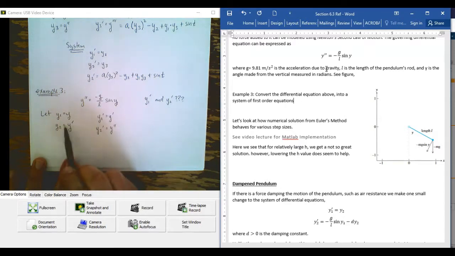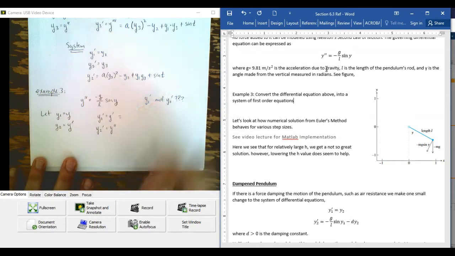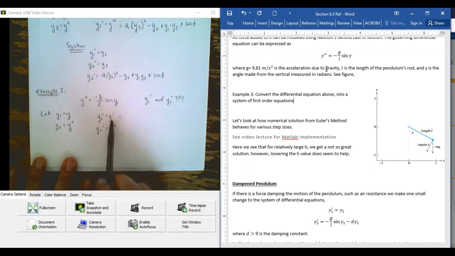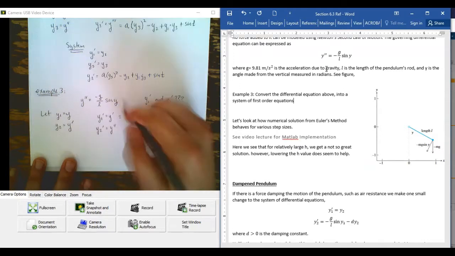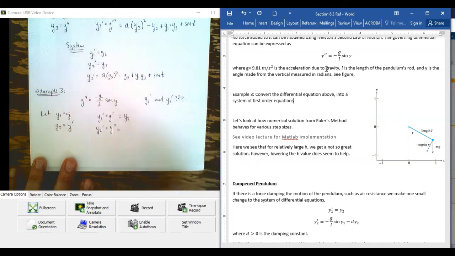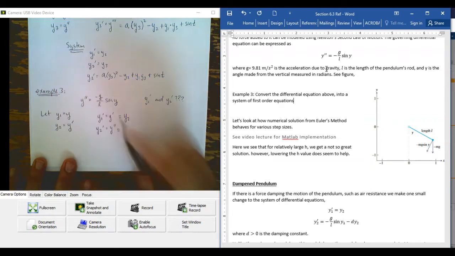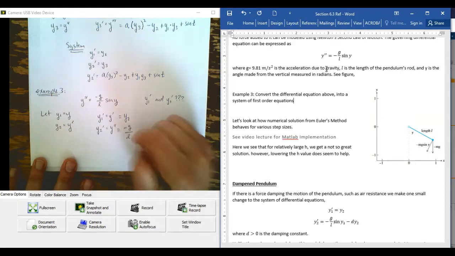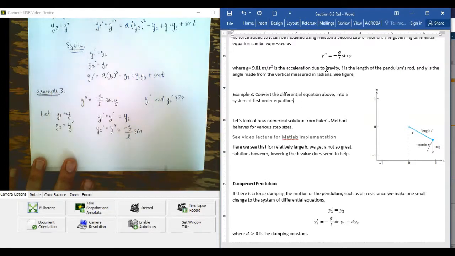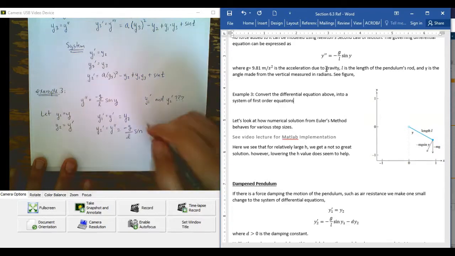So the derivative of this is equal to the second derivative of y. And now relating these terms back, y prime is equal to y2, and y double prime is equal to this quantity here. So that would be negative g over L times the sine of, well, what's y? y is y1.